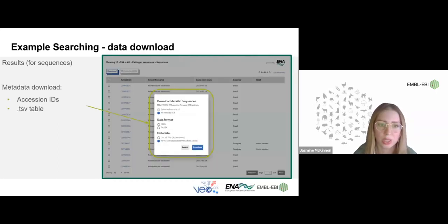You can also download the accession IDs if you want to input the accession IDs into another ENA API, for example, to get the data. And you can download a TSV table containing the metadata.